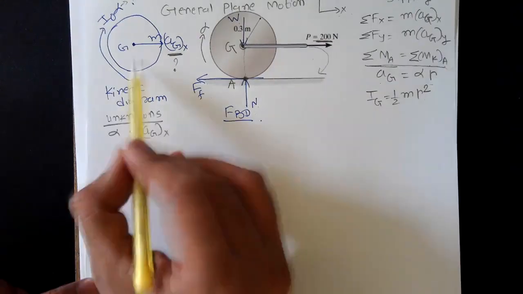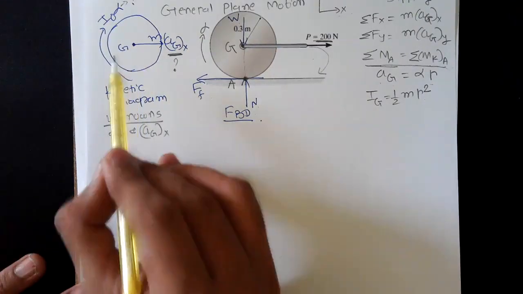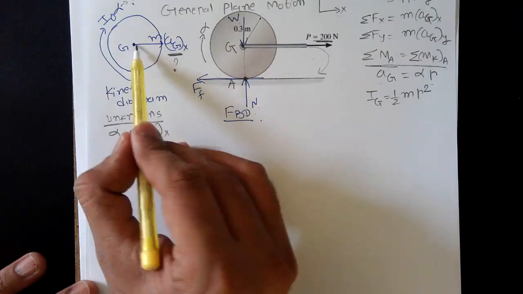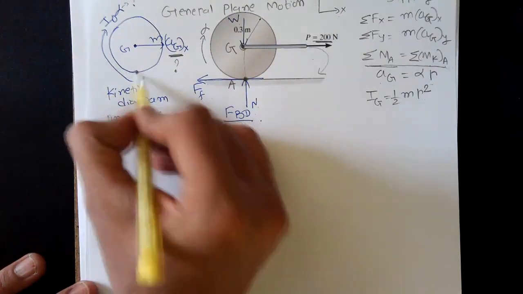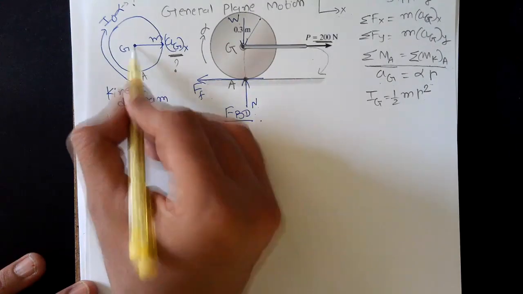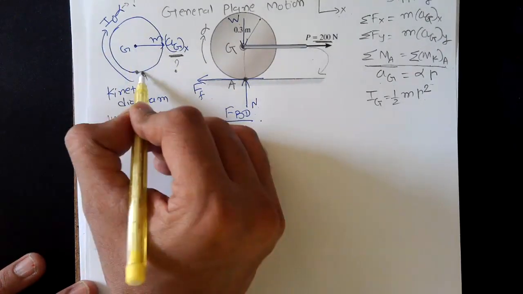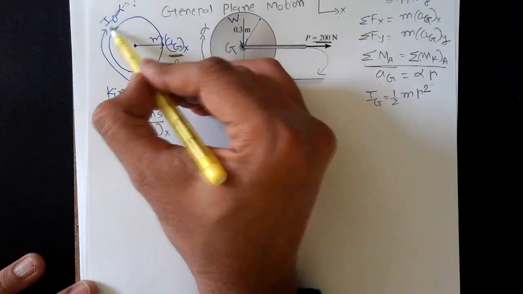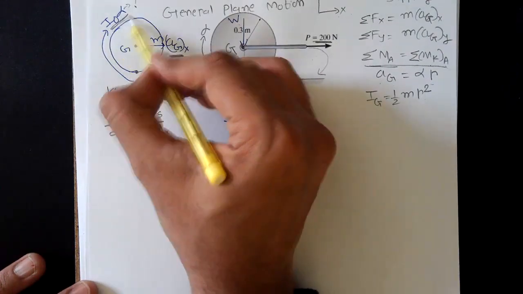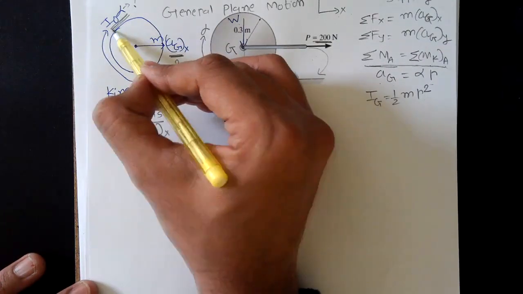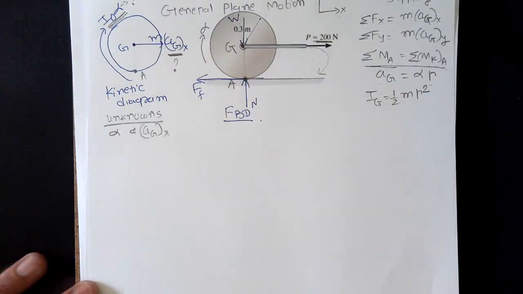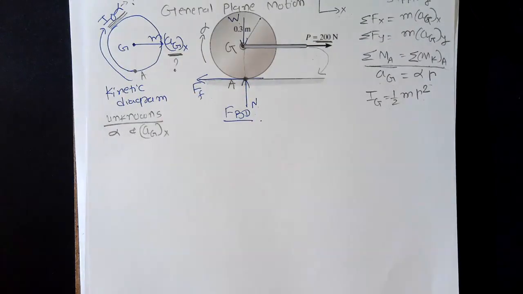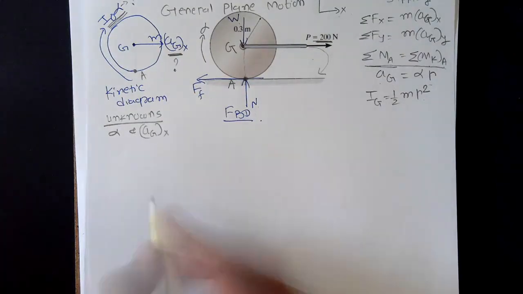For that we need to refer to the kinetic diagram. This is the force and its moment about A is this force multiplied by this radius, so that's a clockwise moment. And then we also need to consider the moment because of the moment of inertia and angular acceleration, I0 alpha, and that is also clockwise, so it is negative.